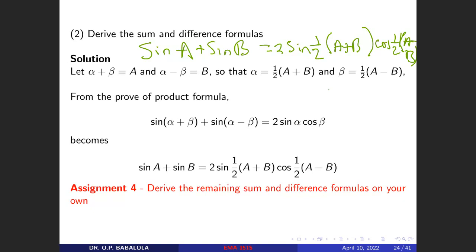Now, let's prove. From the proof of our product formula, we have that sine alpha plus beta plus sine alpha minus beta is 2 sine alpha cos beta. Remember that part, which I told all of you to show. Since alpha plus beta is represented as A, this becomes sine A plus sine B equal to 2 sine half A plus B, and so on.